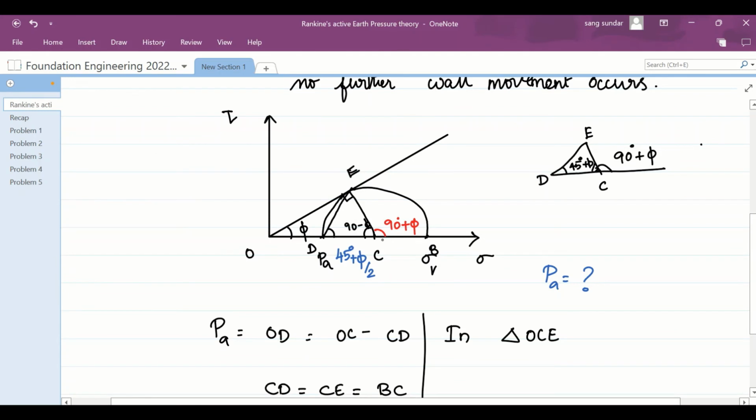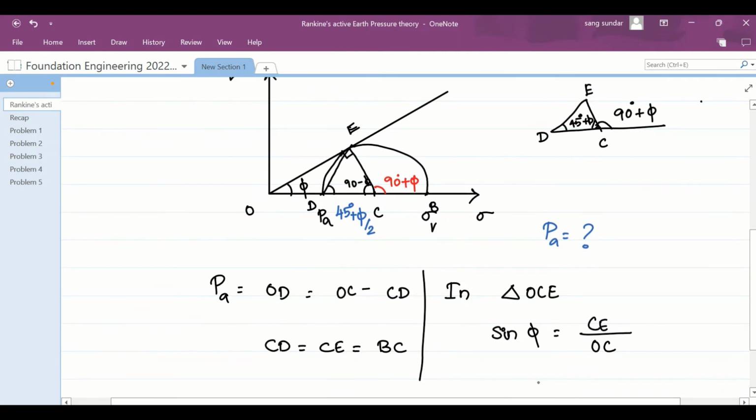So, to get this radius, let me take sine phi, which is equal to opposite by hypotenuse. So, CE by OC, right? And CE is equal to OC into sine phi. That's it.